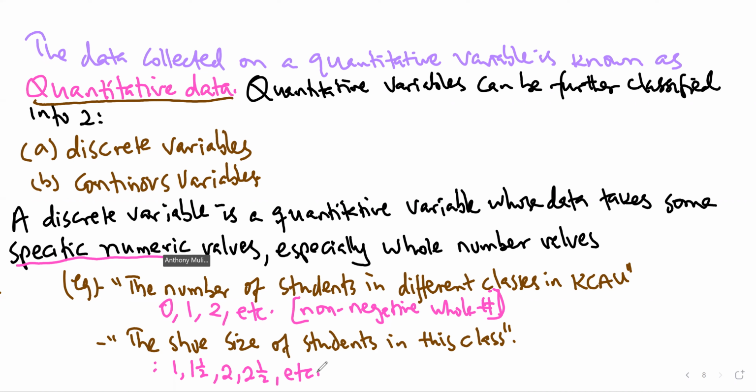So you cannot find a shoe size 3.287 or 1.238. You only find some specific numeric values. So again, though the shoe size is not taking strictly whole numbers, it is taking some specific numeric values.